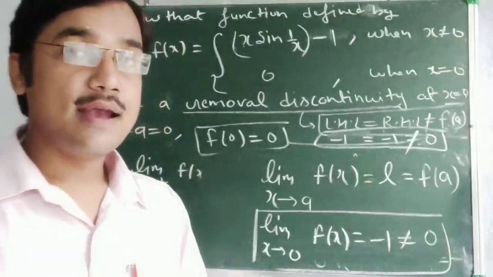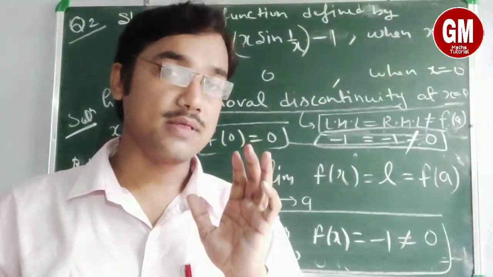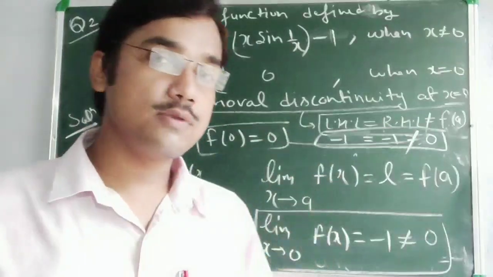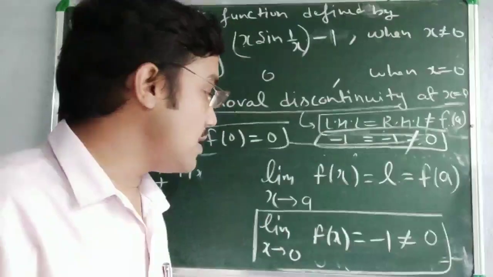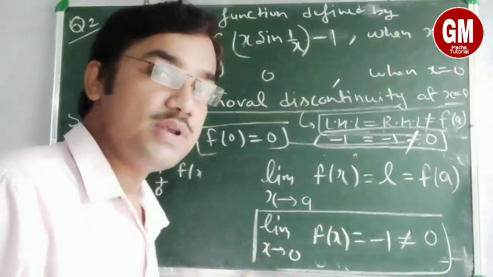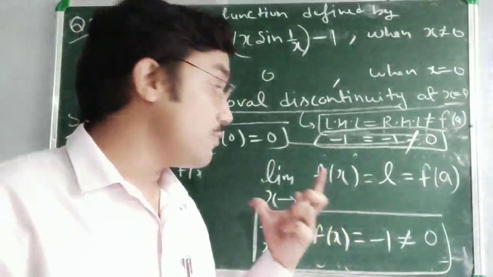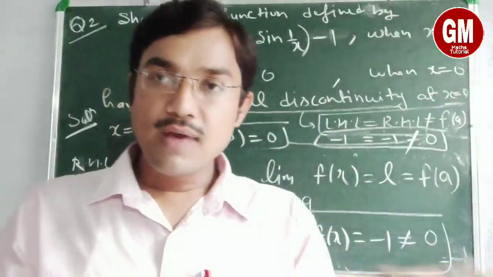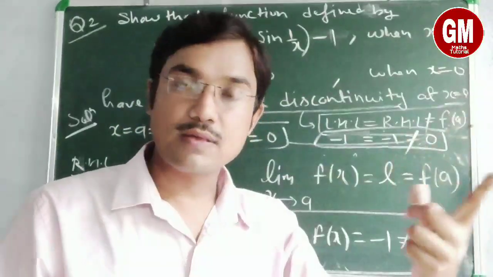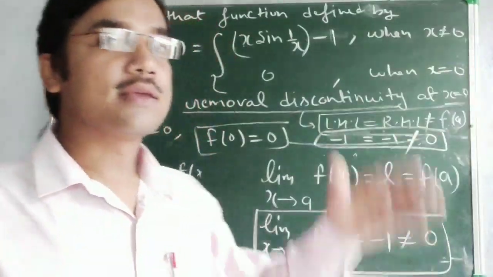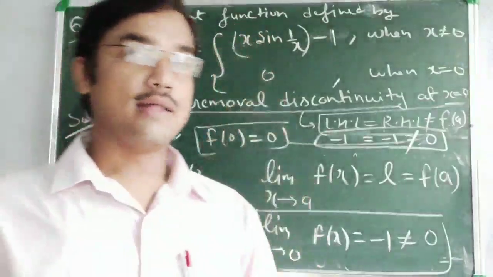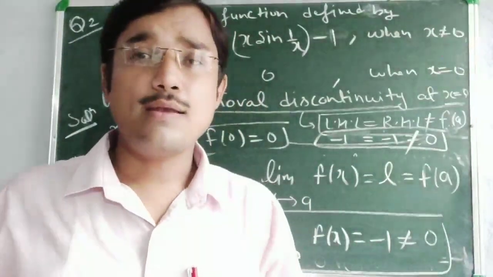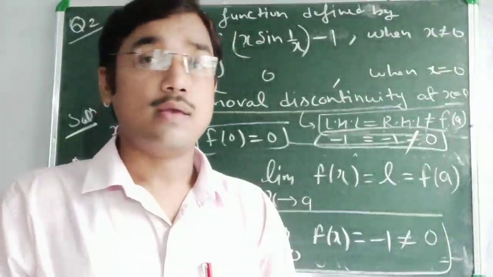So for a function which is continuous at a particular point, the limit at that point is also equal to the value of the function, meaning the limiting value and the value of the function are both equal in case of continuity. Otherwise, if they are not equal, then we say this is a discontinuity.